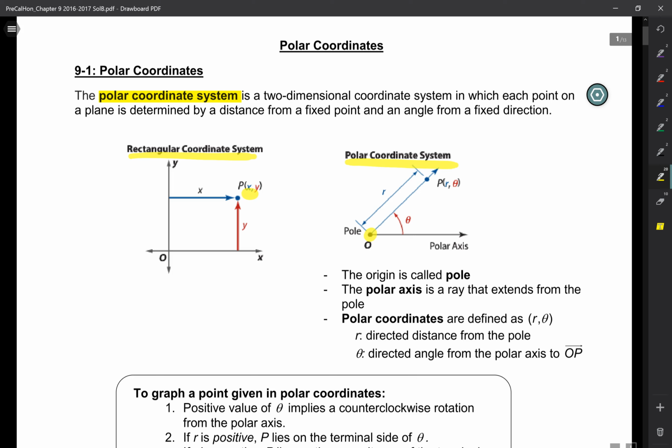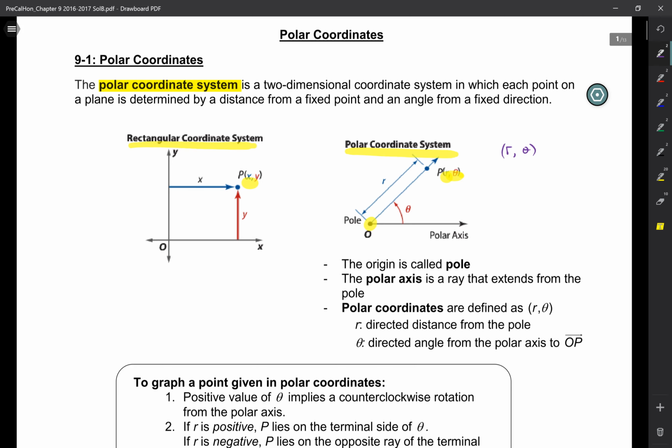So we call that r for radius, and then I rotate through an angle theta. So no longer do I have x and y. Now my variables are r and theta.